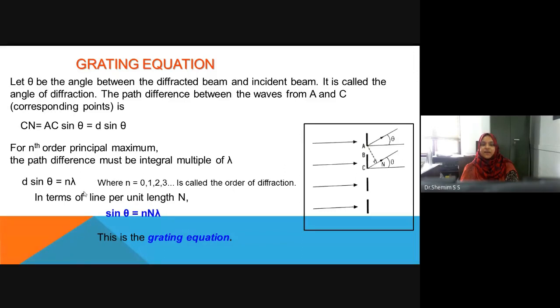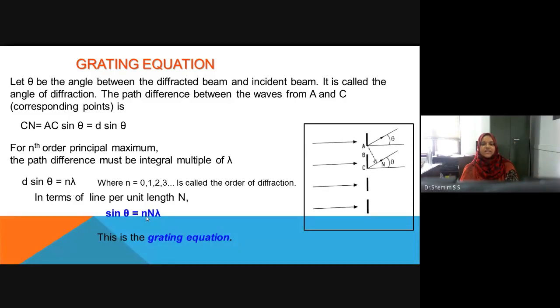Where n lambda is an integral multiple of lambda, or n is equal to 0, 1, 2, 3, etc. Or you can write this as sine theta is equal to n lambda by D. Taking D to the right hand side, 1 by D is the reciprocal of the grating element. 1 by D will be equal to capital N, which is the number of lines per unit length, the number of slits per unit length.